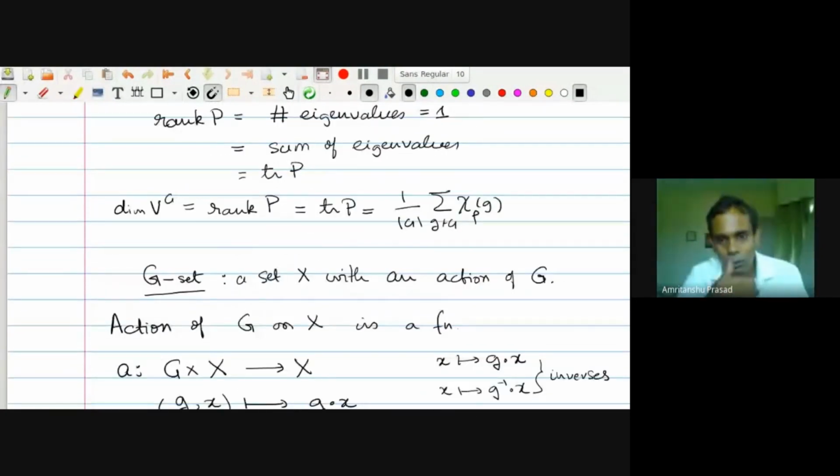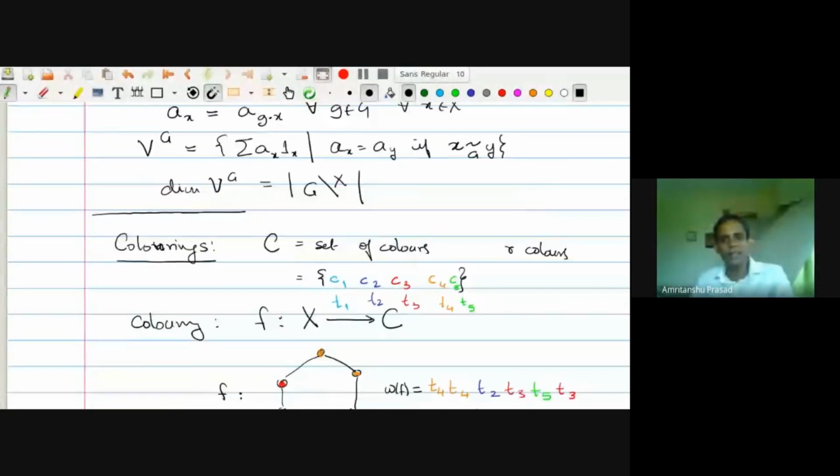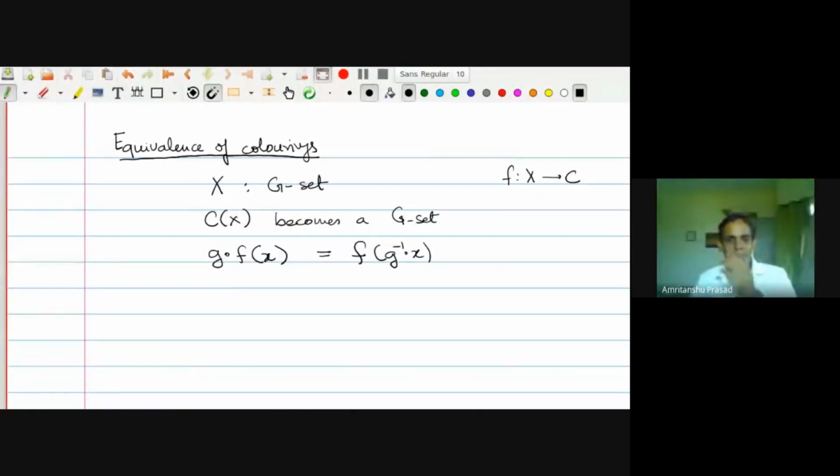These axioms for group action, the identity and the compatibility axiom. When you try to prove the compatibility axiom, you will need to have this inverse. If you don't have the inverse, what you will get is G dot H dot x is HG dot x. That is the problem that you will come up with. So maybe later you can try to work this out, but this is an action on the colorings.